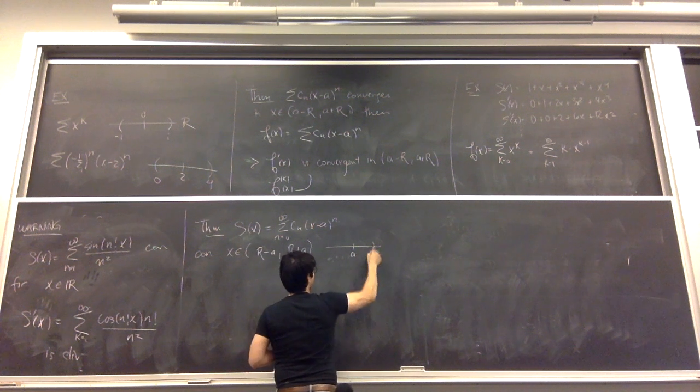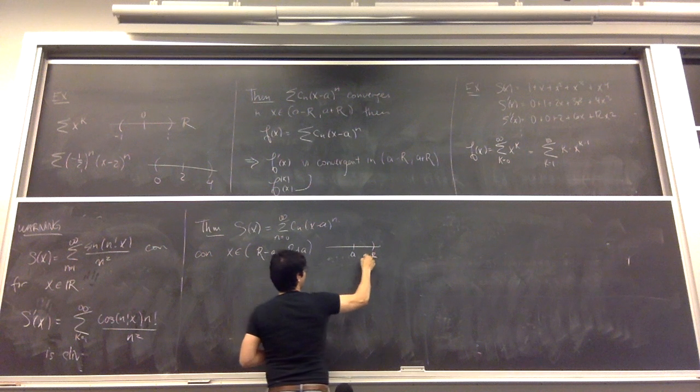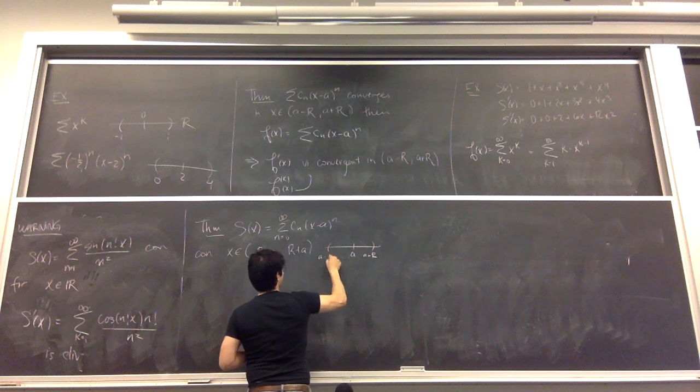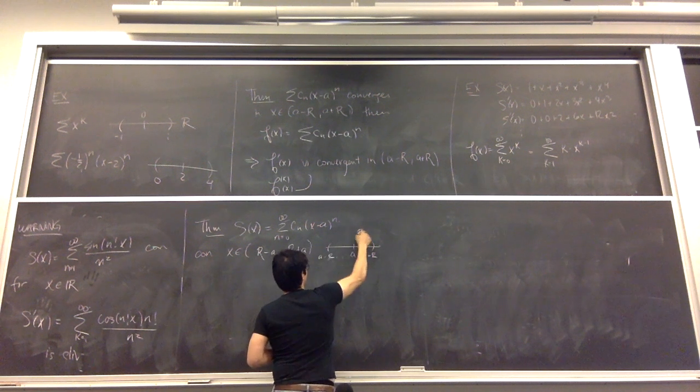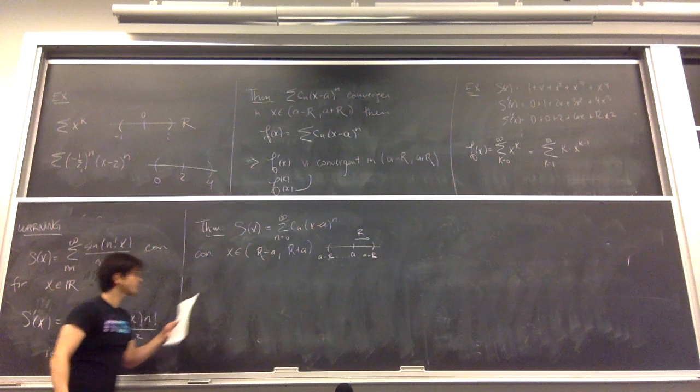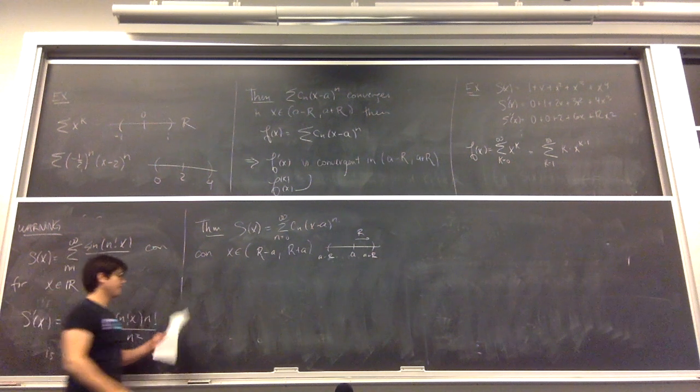We're at the center a, and we go out to a plus r and a minus r. That distance is r. The integral of this thing exists.